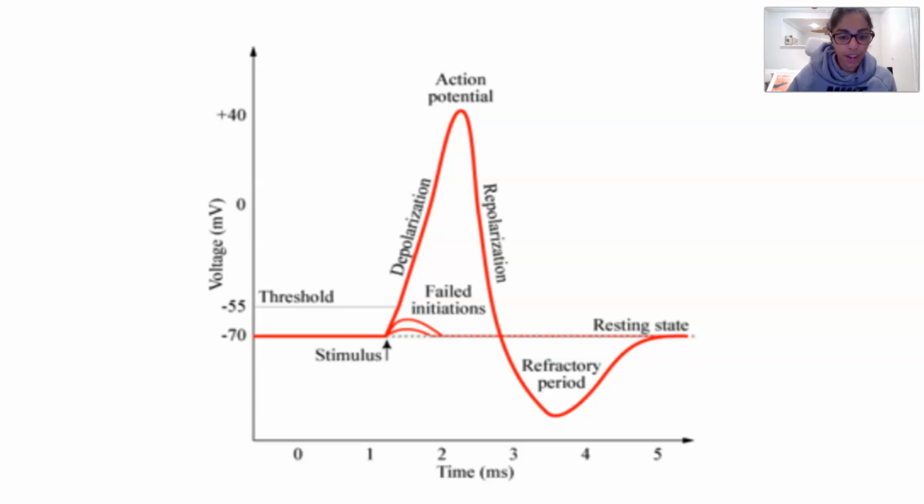All right, so we're back to our graph again. Just to recap, resting membrane potential is this flat line here at negative 70 millivolts. If there is a big enough stimulus to cause an energy change in the environment, we will have depolarization, which is where sodium channels open and sodium will rush into the cell. At peak depolarization, we start to repolarize.